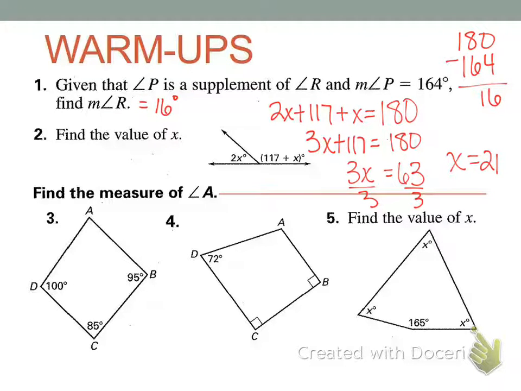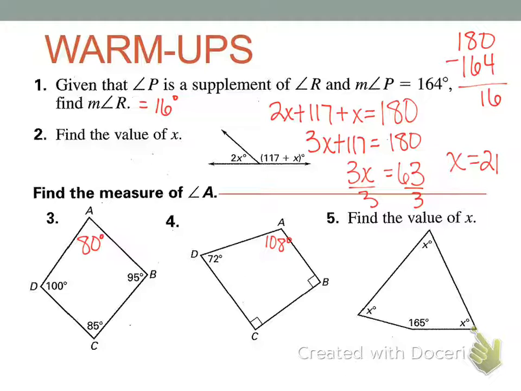What would we get? 80? We all agree with 80 degrees? Okay, on number 4, same thing, except we have to remember that these little boxes mean how many degrees? 90. So what do we get for the measure of angle A? 108 degrees.